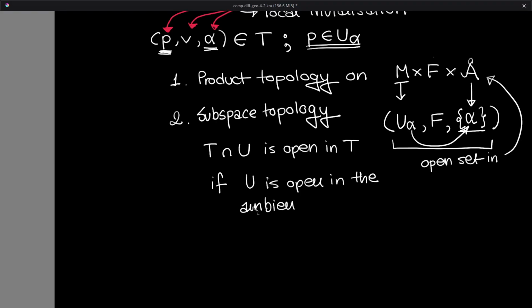Ambient. That's supposed to be an M, by the way. Ambient topology. In this case, that would be the topology on M cross F cross A, right?